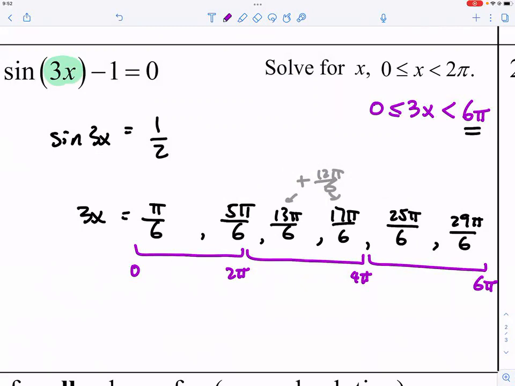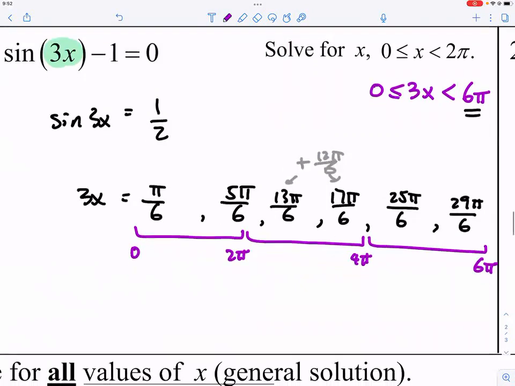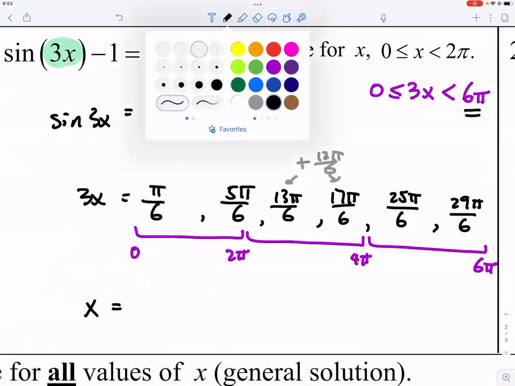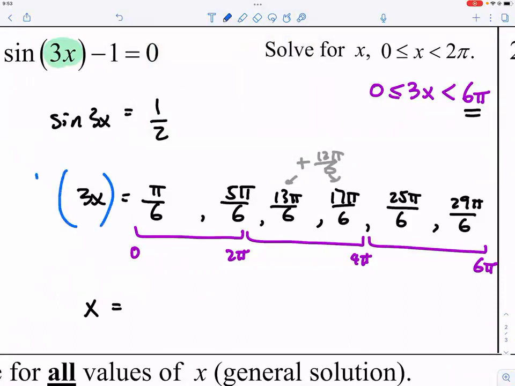If you don't account for this change of domain, then we will have a problem. But we want to find x. So we say, well, let's go ahead and multiply both sides by 1/3.